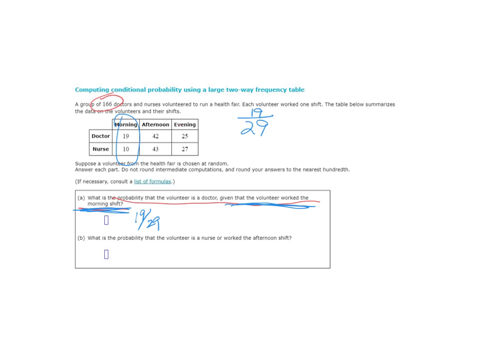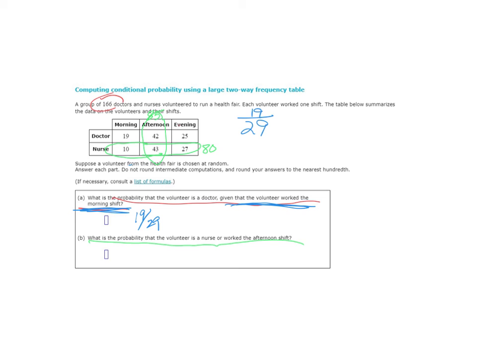Next one, what is the probability that a volunteer is a nurse or worked the afternoon shift? Okay, well, here are the nurses. Let me get rid of this a second. Okay, so here are the nurses. And there are 43 and 27, 60, 70, 80 of those. There are 80 nurses there. And here are the people in the afternoon shift. Okay, there are actually 85 of those.